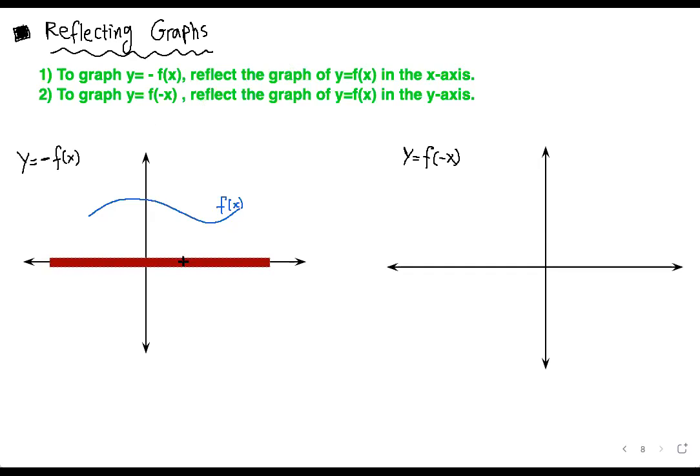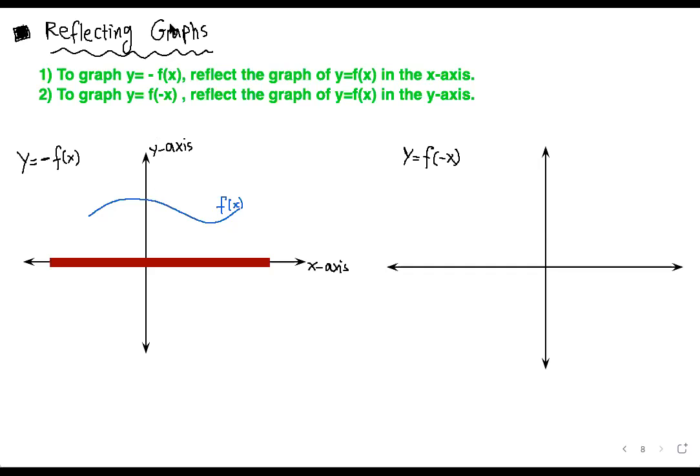Then I have to reflect every point in this curve around this line, around the x-axis. So this is my x-axis here. Here is my y-axis. Now I want to reflect this curve around this mirror.